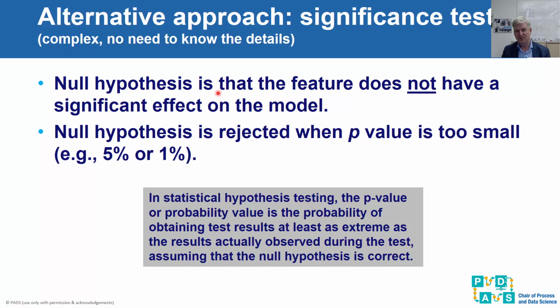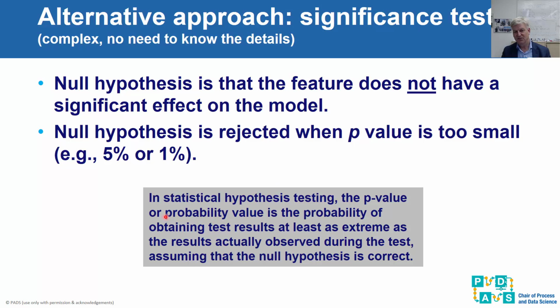In other words, with or without the feature, the behavior is similar. And then this null hypothesis is rejected when the p-value is too small. So we test for this null hypothesis, and if it leads to an extremely small p-value, then we reject this null hypothesis.